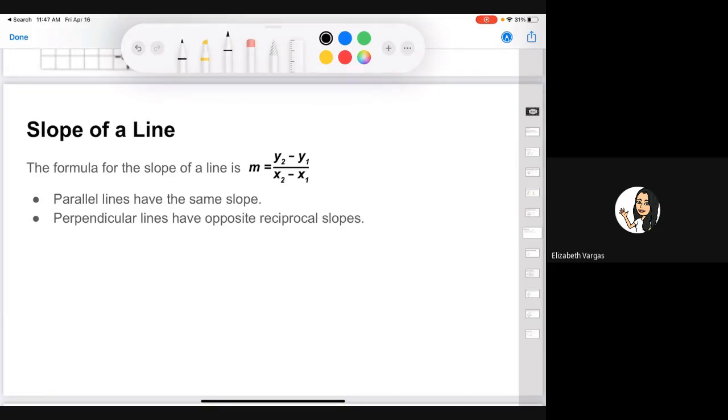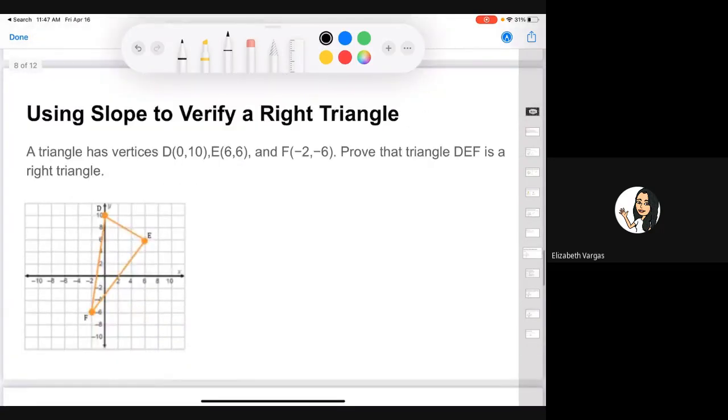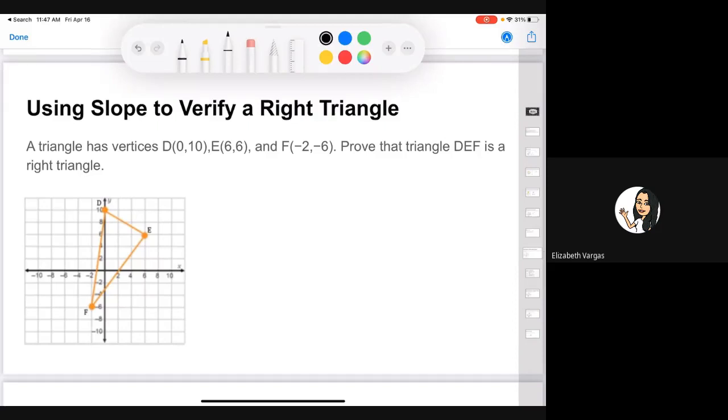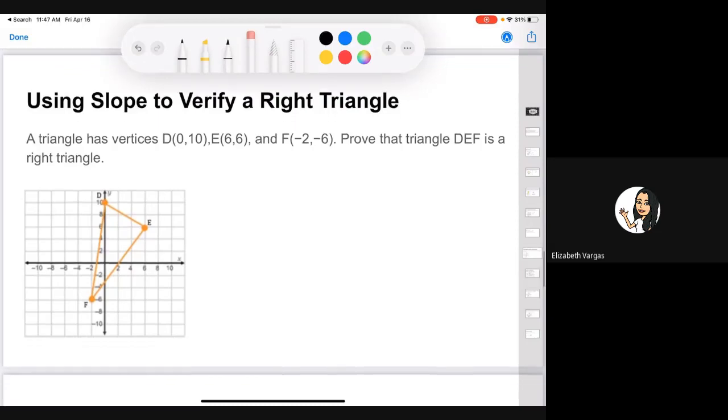We use the slope of the line to determine if we have right angles. We looked at this in Unit 7 briefly. But basically, here we have used the slope to verify a right angle. So we're trying to prove that this is a right angle. Well, if that thing is going to be a right angle, then my two lines, my perpendicular lines that form that slope, have to have negative reciprocals.